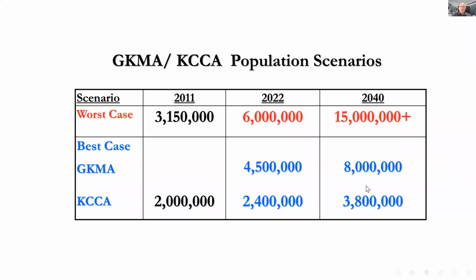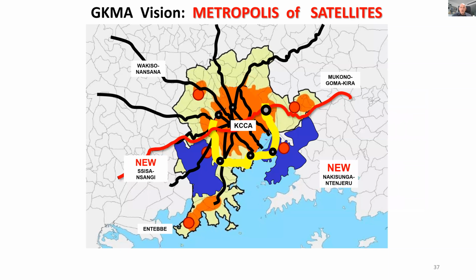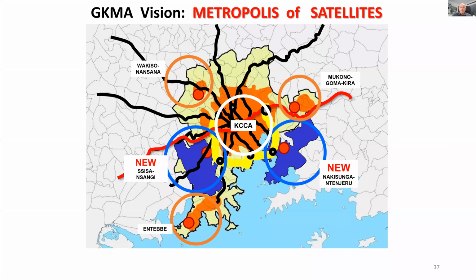The planning itself takes like 2 or 3 years. So time is money, time is life. Therefore, we have to hurry in order to create the pull factors in the regions. Now, what we suggested for Kampala itself is to adopt the concept of what we call satellites, a metropolis of satellites.